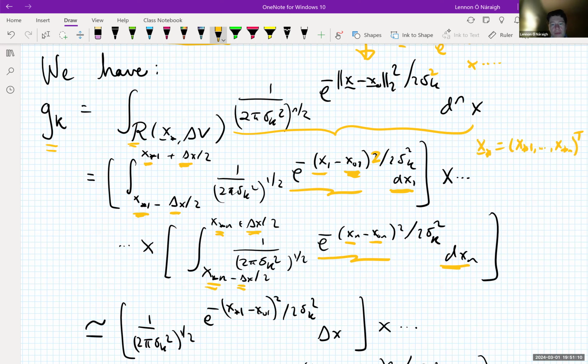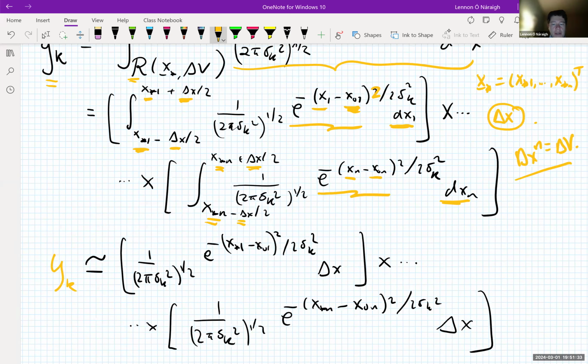So I've broken up my volume into a hypercube, and in each direction in R^n, the volume has a scale delta x. So delta x to the n is the volume of this small hypercube. So then in this way, Gk can be approximated.